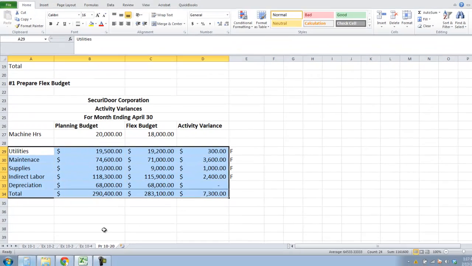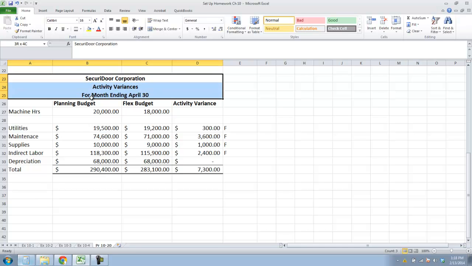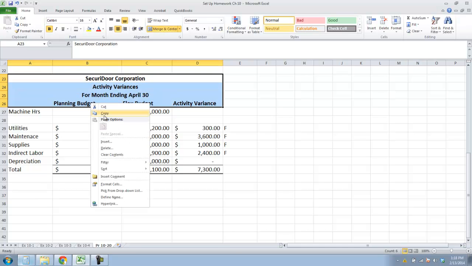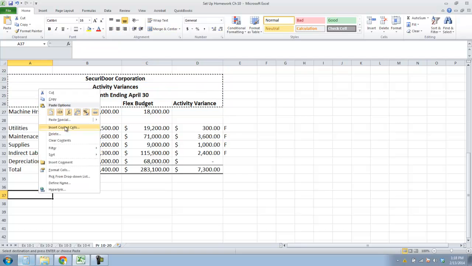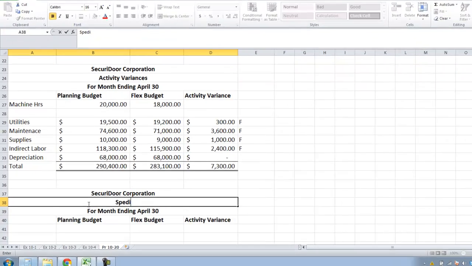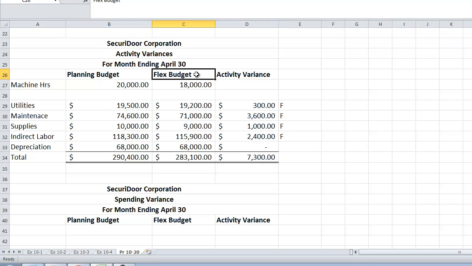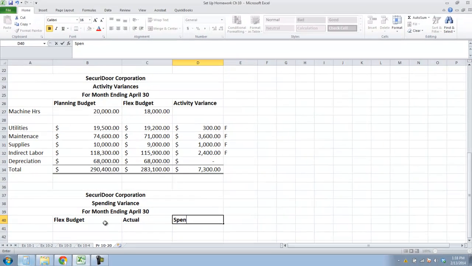Now we need to go on and prepare a spending variance. Just going to copy this to make setup easier. And this is spending variance instead, if I could spell. Variance. Okay. On this one, I'm now going to take my flex budget, actual, and this will be spending variance.